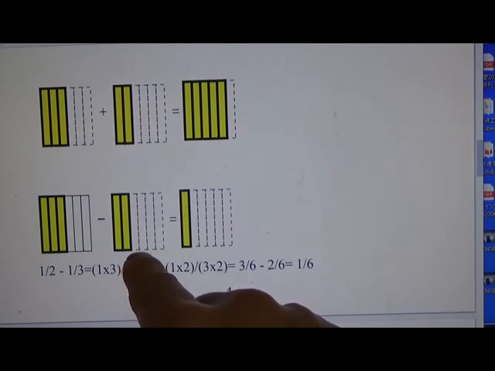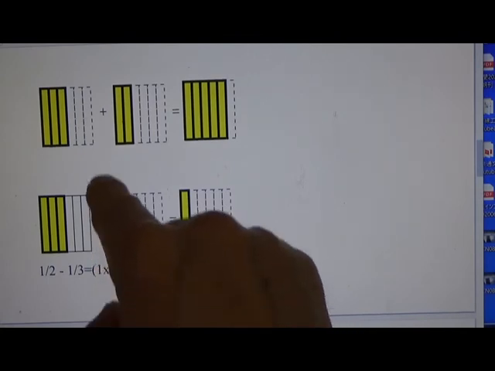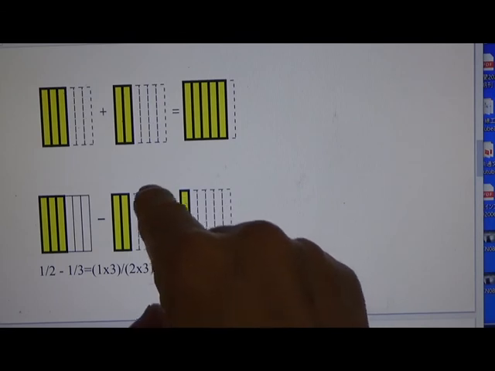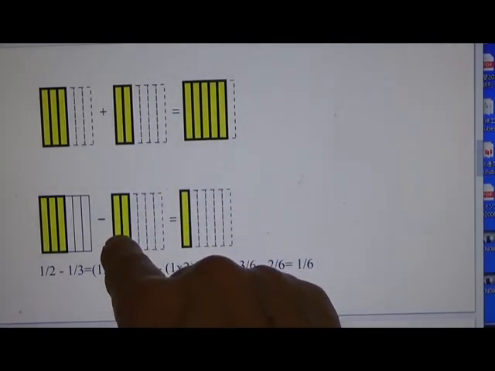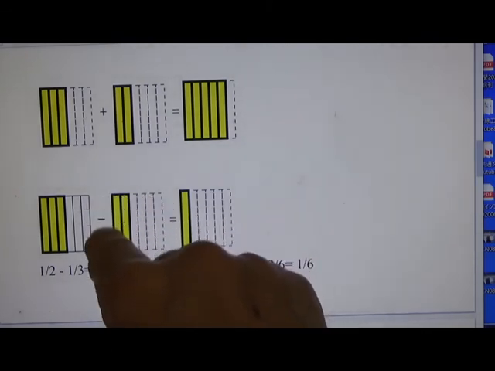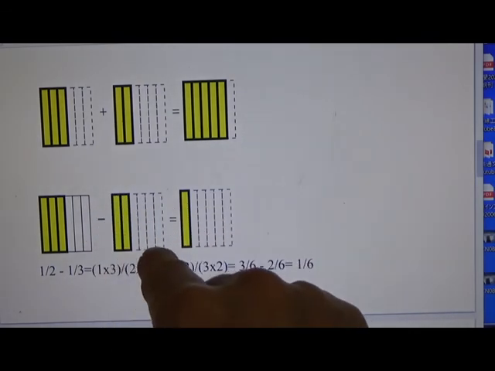Minus, this is 1/6, and this is quantity 1, and the yellow part is 1/3.